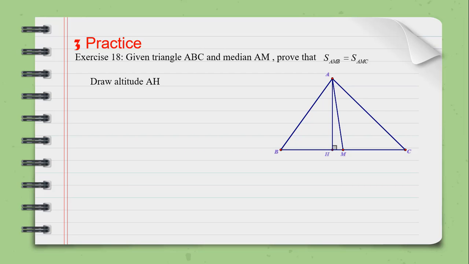The first thing we do is draw the altitude AH. Now what are the areas of triangles AMB and AMC? They are 1/2 of AH times BM and 1/2 of AH times MC.